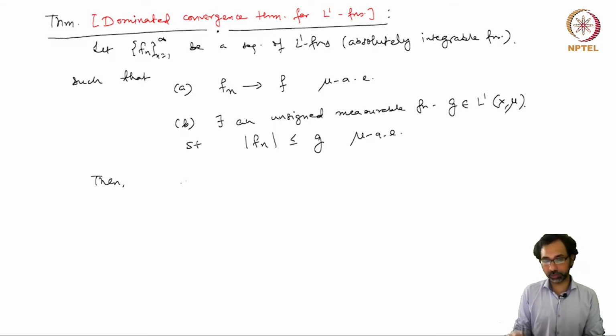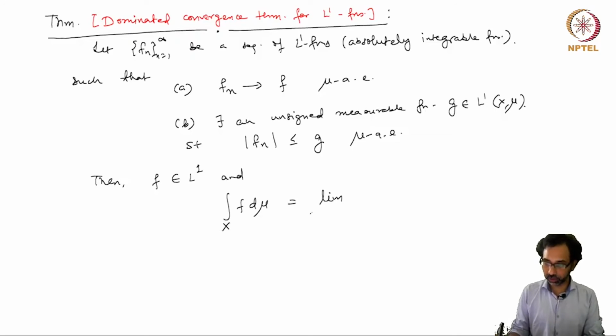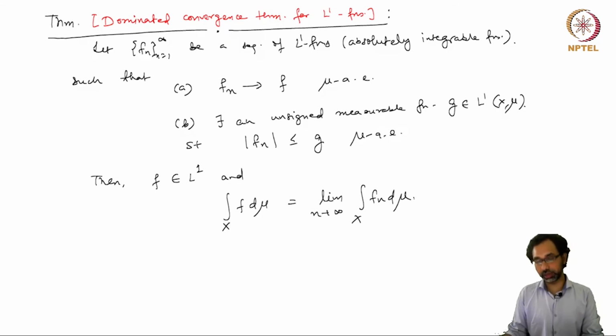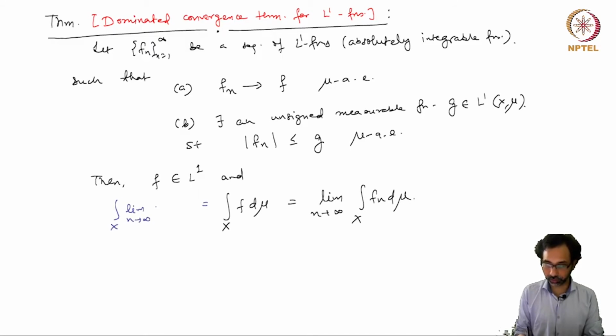Then the statement of the theorem says that we can interchange the limit and the integral sign, which means that first f is in L1 and the complex integral of f is equal to the limit as n tends to infinity of the integrals of f_n. Here again this is an interchange of limit and integration, because on the left hand side you have the limit inside and on the right hand side you have the limit outside the integral.